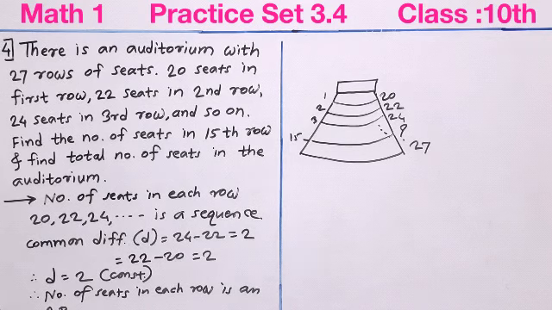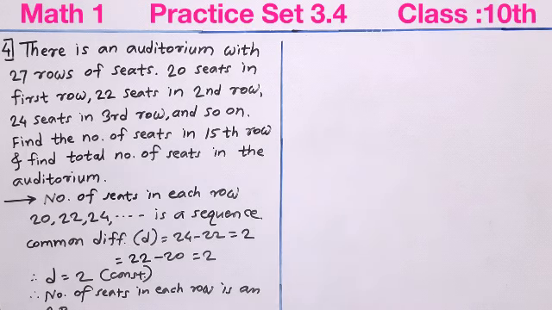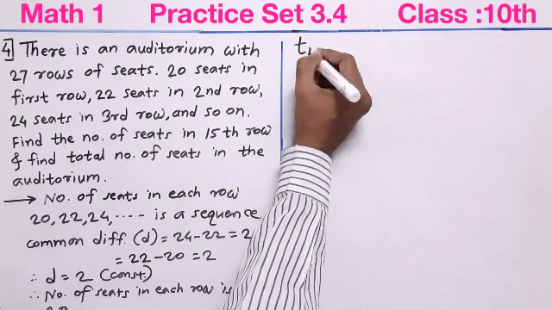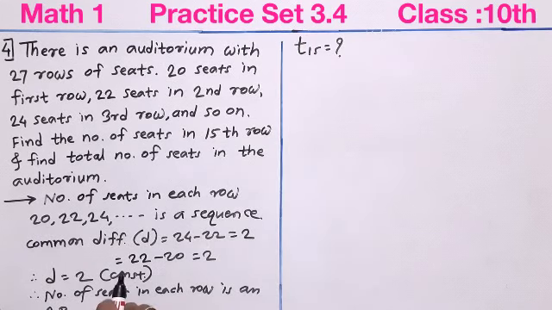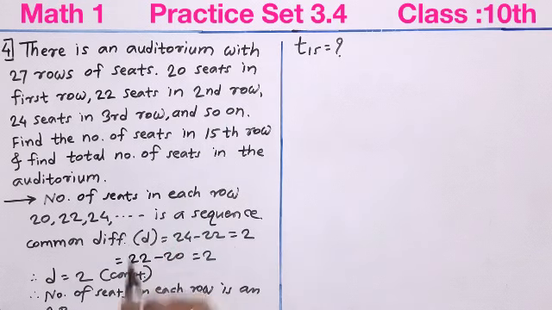So if it is an AP, let us write in symbolic form what we have to find out. We have to find the number of seats in the 15th row, which means we have to find the 15th term in this sequence. The 15th term will give us the number of seats in the 15th row.